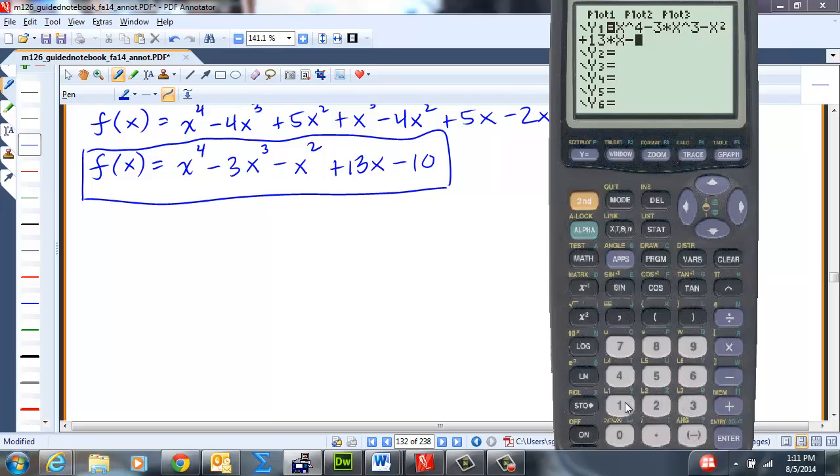Let's see what it looks like. Oh, that's kind of groovy. Let's go ahead and adjust our window. It doesn't look like we're seeing the whole graph, so let's make y a little lower. Let's see what we get. And there we have it.